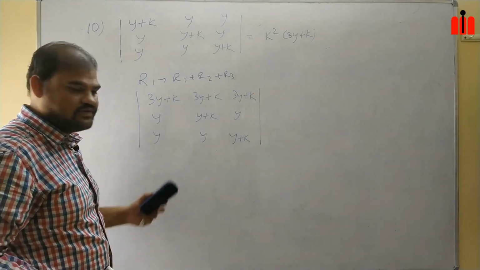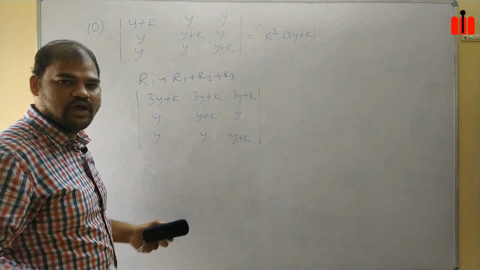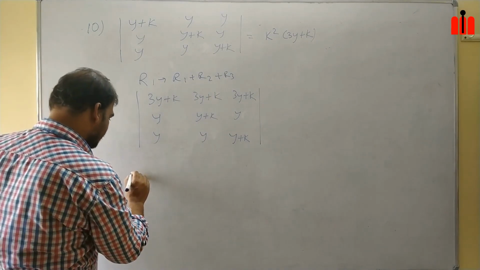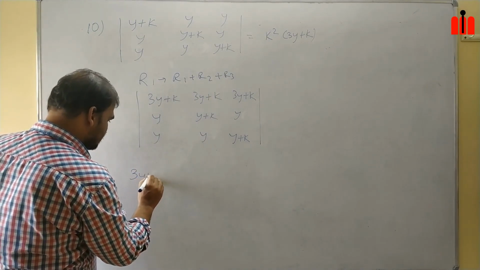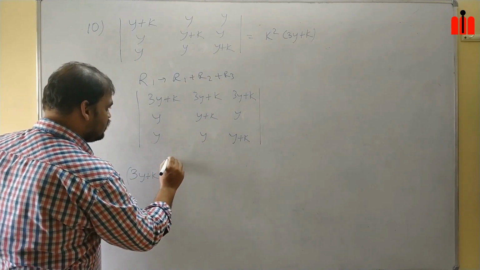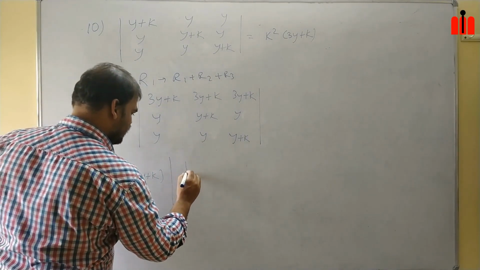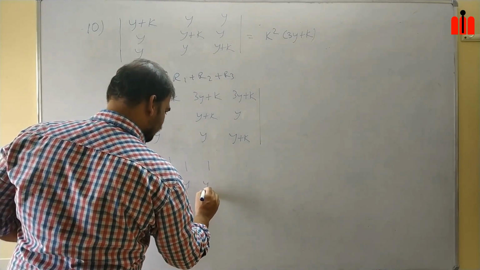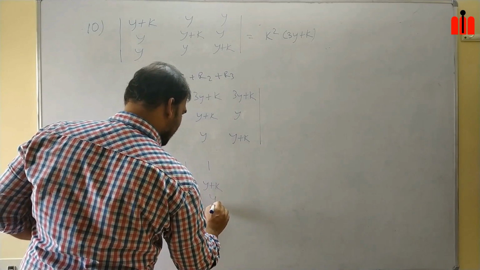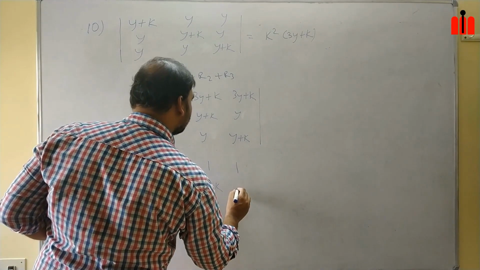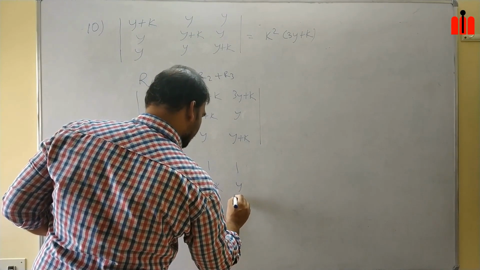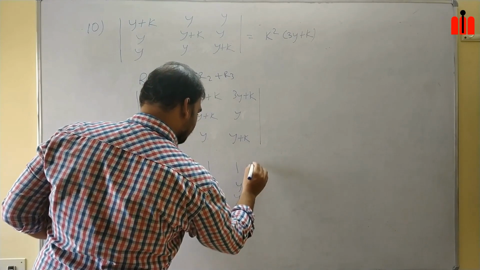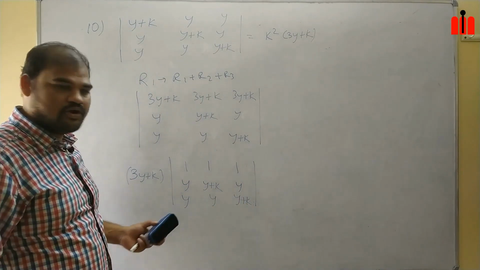After that, once we subtract, here you will get 0 0 and expand. So that is the thing. So 3y plus k is common and you will get 1 y 1 y plus k, y 1 y plus k. Okay, you got this.